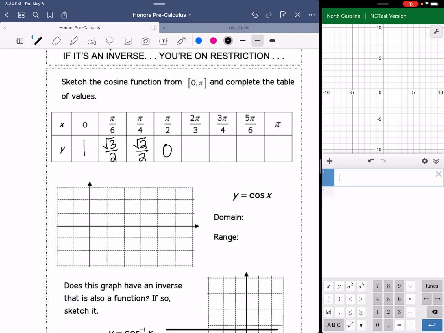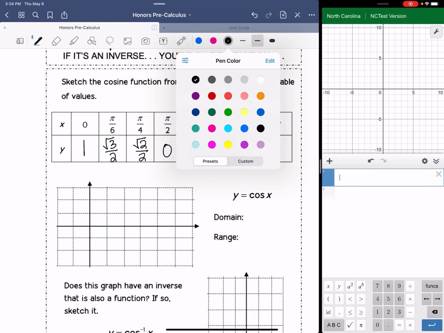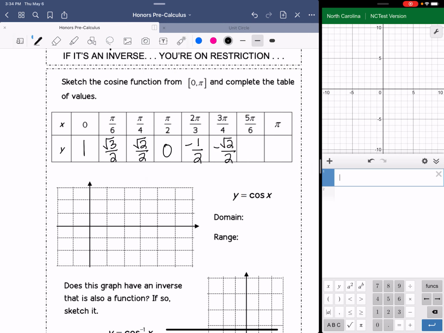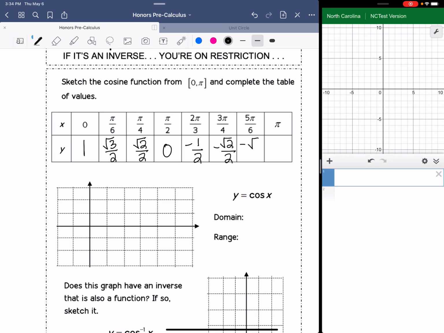Then for 2 pi over 3, that's going to give me negative 1/2, and then negative square root of 2 over 2 for 3 pi over 4, and then for 5 pi over 6, I have negative square root of 3 over 2, and then negative 1.